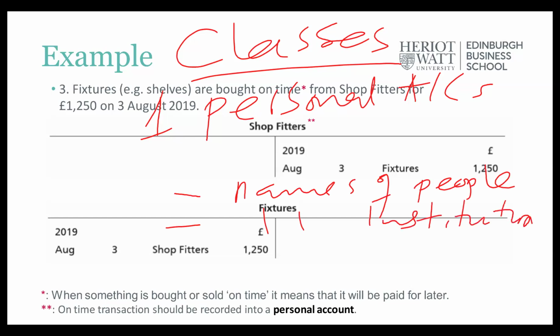As long as the account is bearing the name of the company or the name of the individual, that account is said to be a personal account. Is that clear?